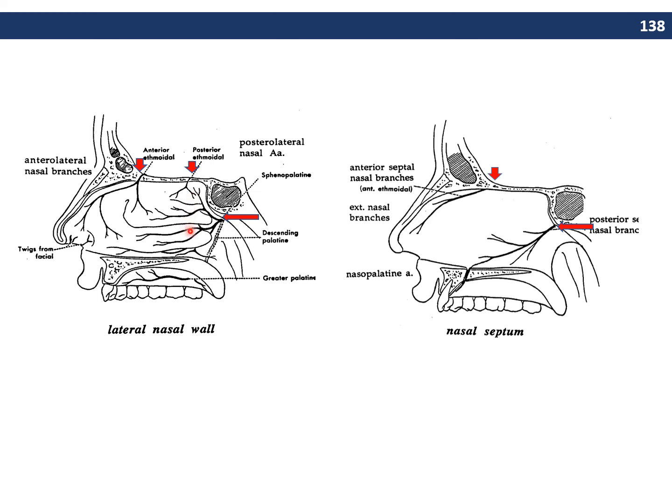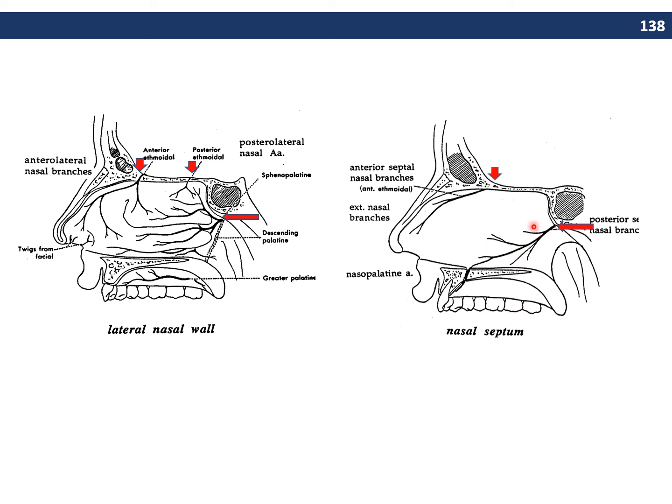The other part is the descending palatine, which also was a branch in that pterygopalatine fossa before the sphenopalatine was coming through the sphenopalatine foramen. This descending palatine artery branches into a greater and lesser palatine artery, as it goes through the greater palatine foramen and lesser palatine foramen.